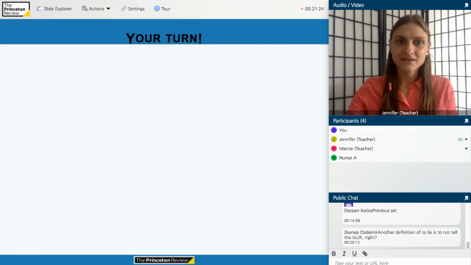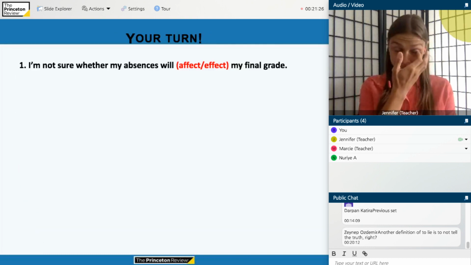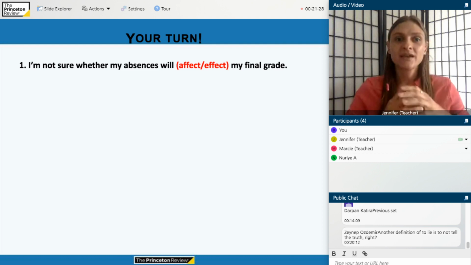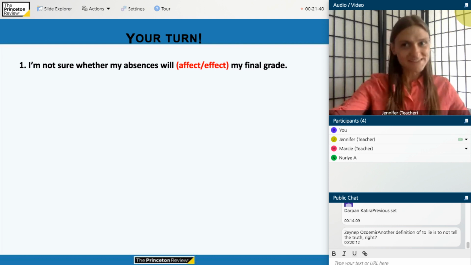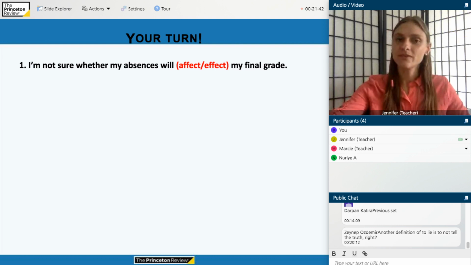Okay, so let's look at a few sample sentences here. I'm not sure whether my absences will affect or effect my final grade. So think about this now. We've seen all of these words already. Affect or effect. So you want to ask yourself, remember, is it a noun or an action?